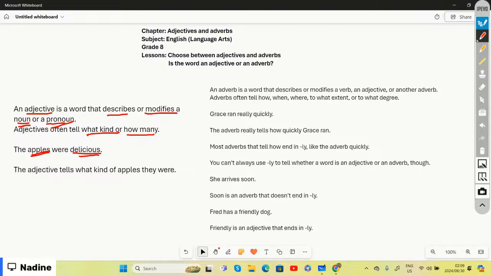And we made an example of the apples were delicious, and the adjective tells us what kind of apples they were. So, which means that they were delicious apples.